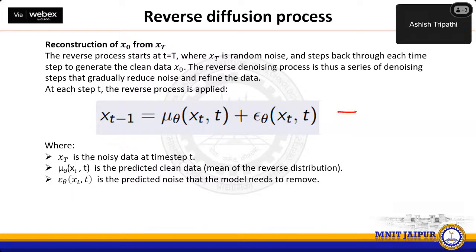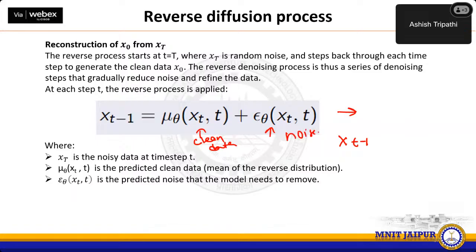So what is the image at x of t minus 1? This will be equal to the clean data plus noise. This is the predicted clean data that you have predicted, and this is the quantity of noise that you have added.